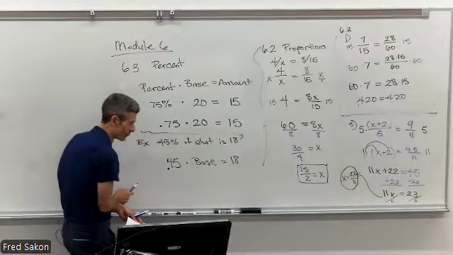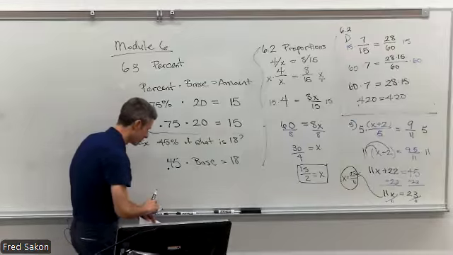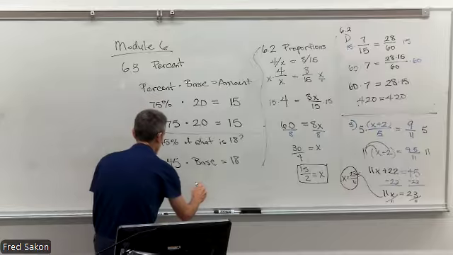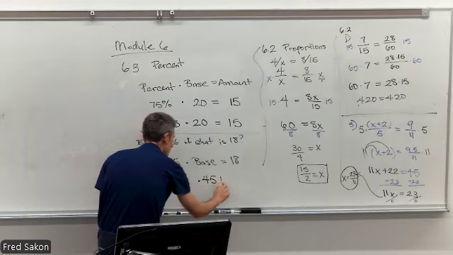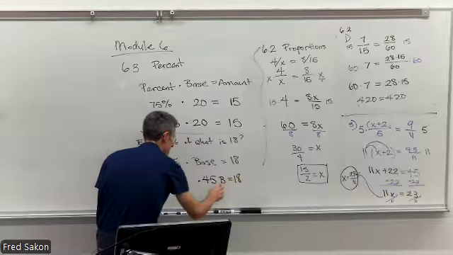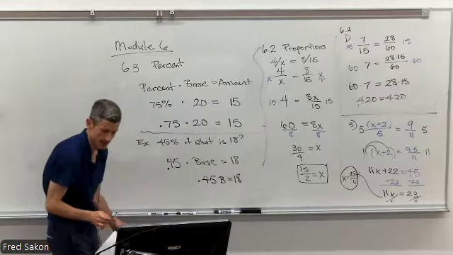That's what you're answering for me. Let's write it down in a way that is similar to what we were doing earlier. We have 0.45 times the base equal 18. How do I undo or solve that equation?